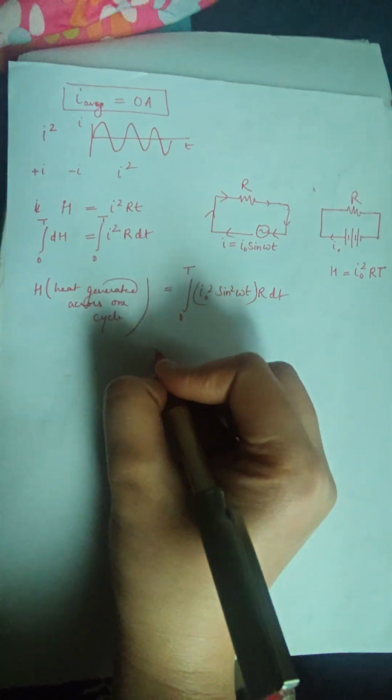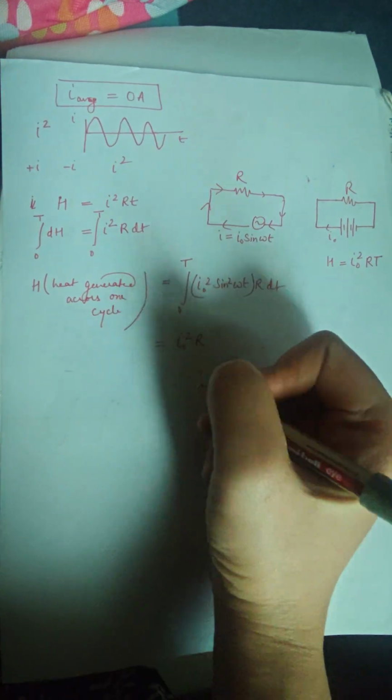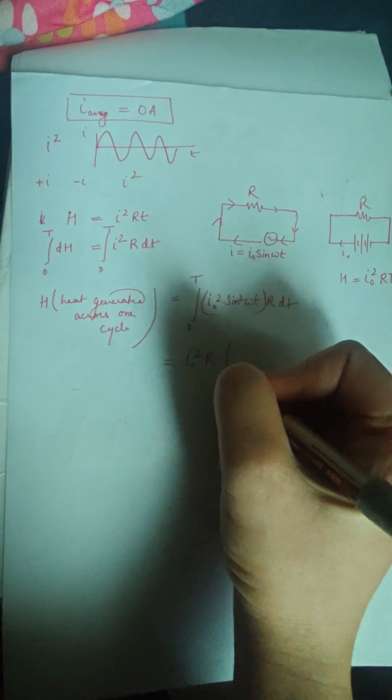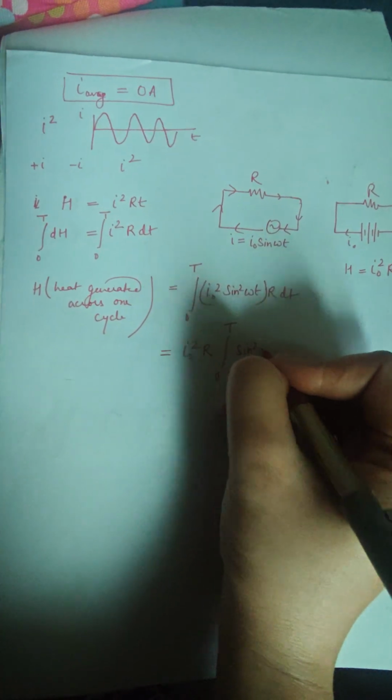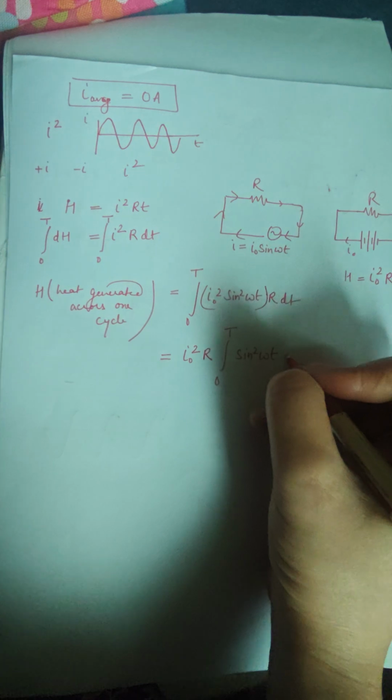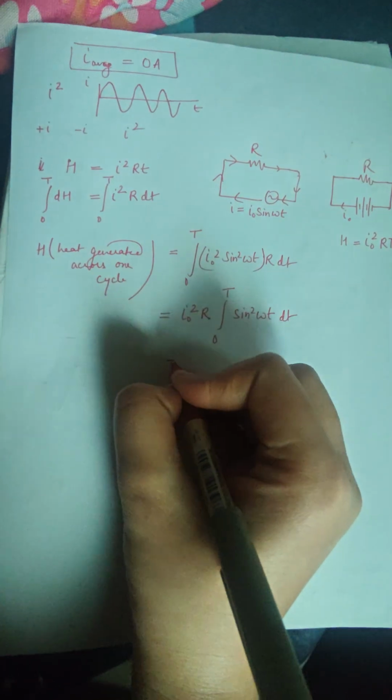Yes, now here I naught square is a constant, R is a constant because it's a resistor whose value is not going to change over a time period. The only factor that is left inside the integral is sine square omega t dt.